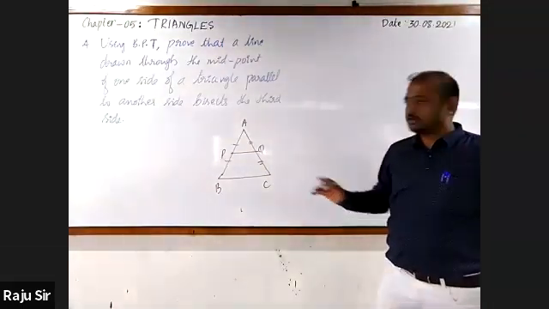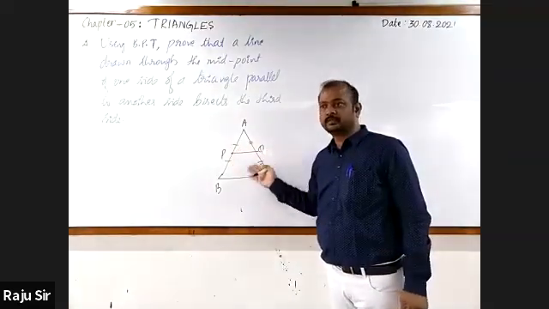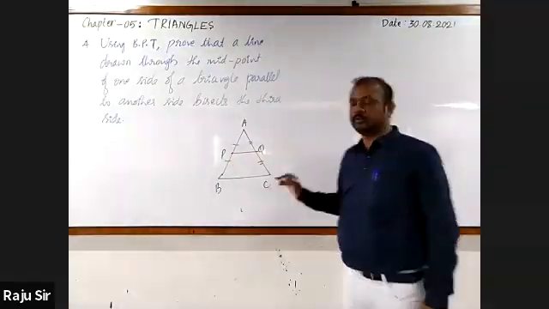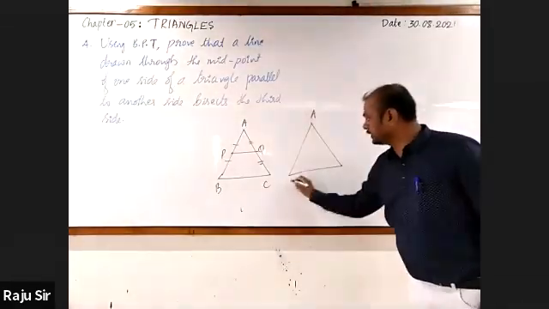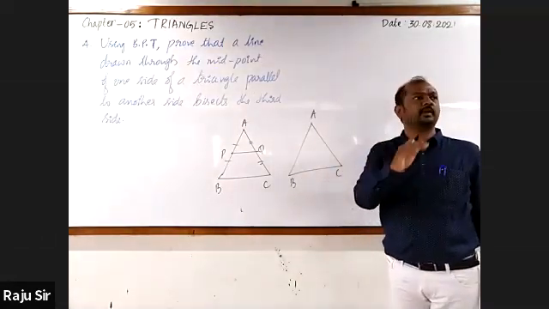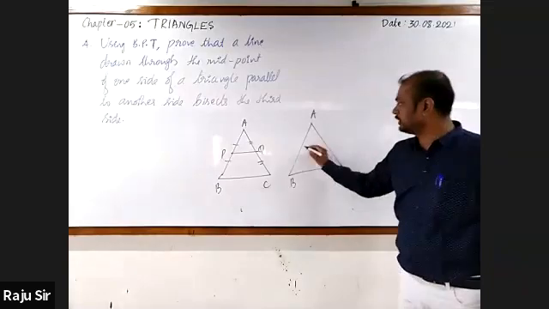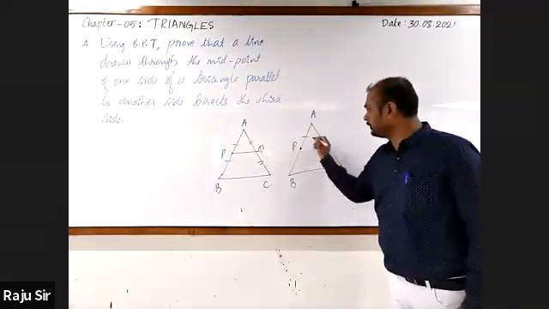The line joining the midpoints of any two sides is parallel to the third side and half of it. You have to take the triangle ABC. Let me take the midpoint of any one side. I take AB. P is the midpoint of AB.